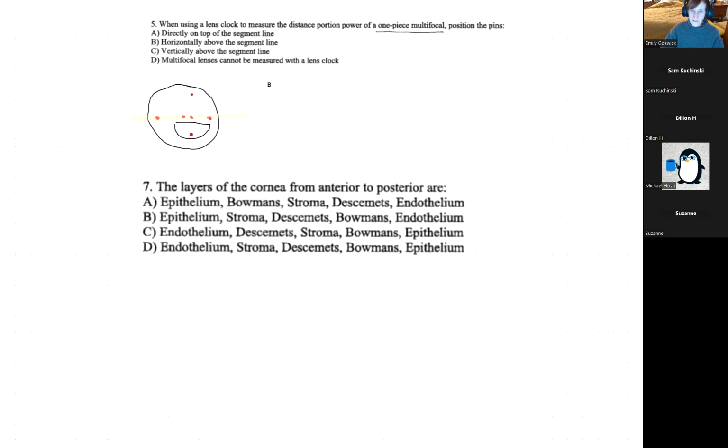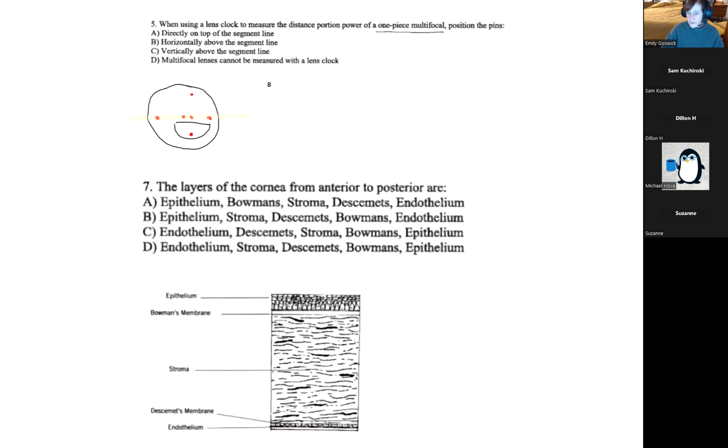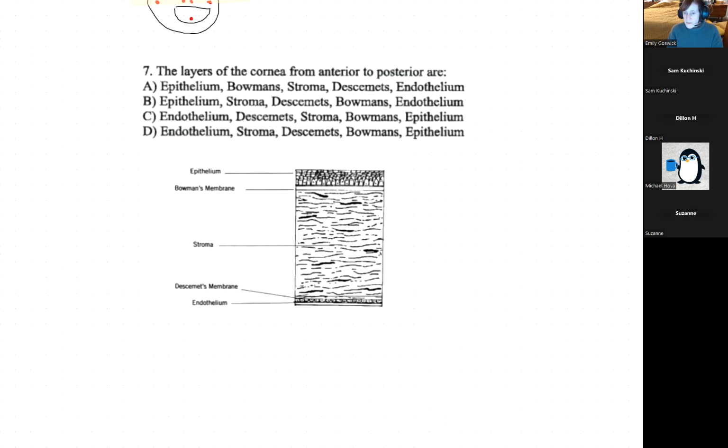This is definitely something that very well could be on the test. So just learn the layers. You could do it maybe as an acronym like EBSDE, which might help you remember what the order of the layers are.